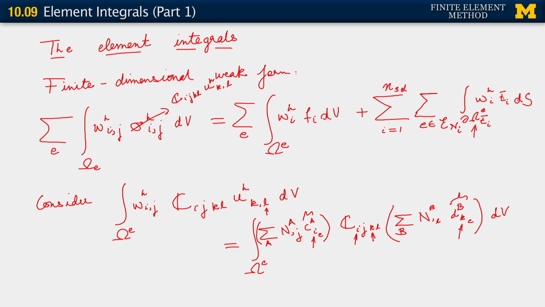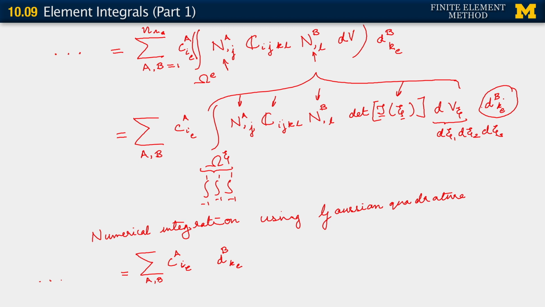Is that integral itself, once you evaluate it, a scalar, vector, or tensor? It is a scalar, because though the C has free indices i, j, k, l, those are all being contracted out, and a sum over each of those dummy indices i, j, k, l is indeed implied. So what we expect to see is that this thing is a scalar.